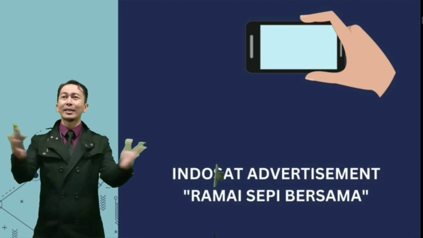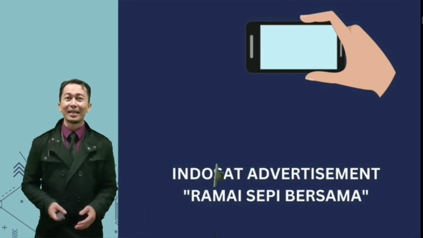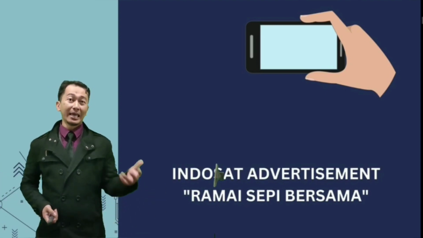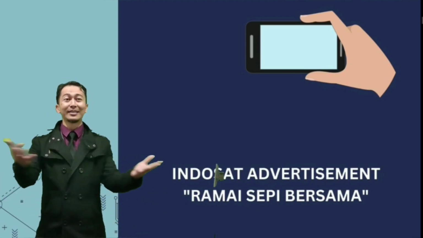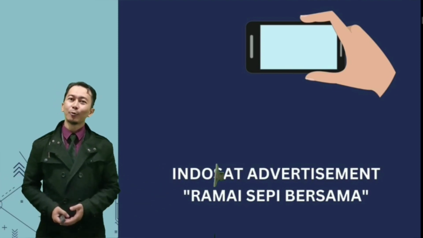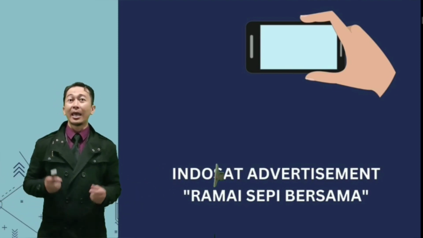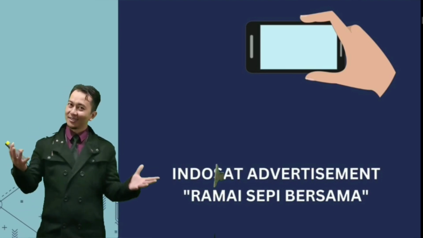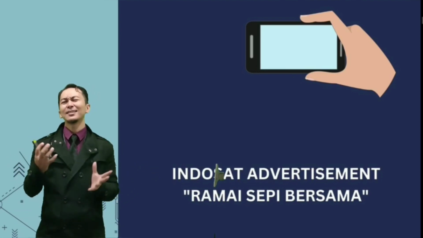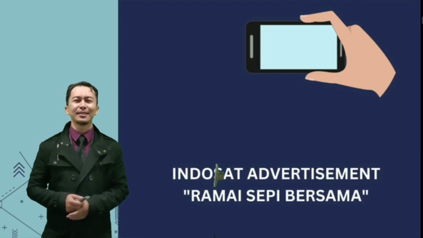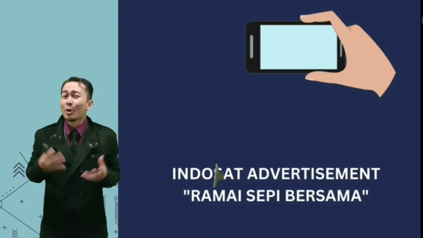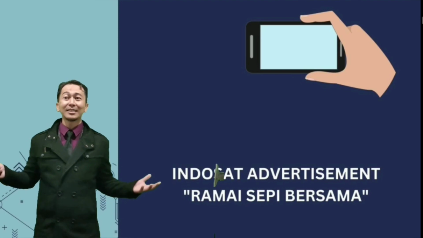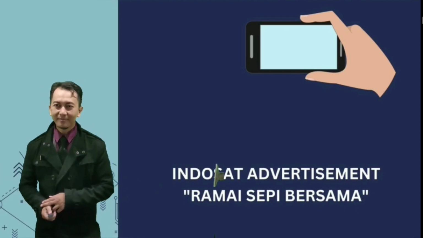Because if you are here now, and let's say that I handle a gadget, you handle a gadget, all of you, then we are sepi bersama. Everybody with his and her gadget. This is interpretable. So this is good. Indosat has this ramai sepi bersama. You have to interpret it yourself. What is ramai sepi bersama?